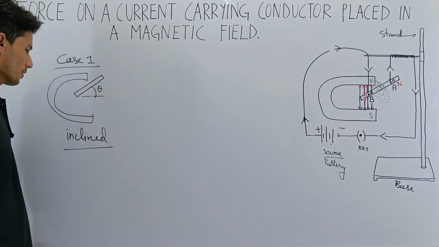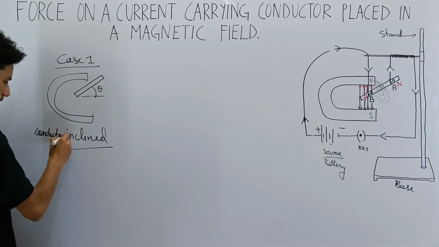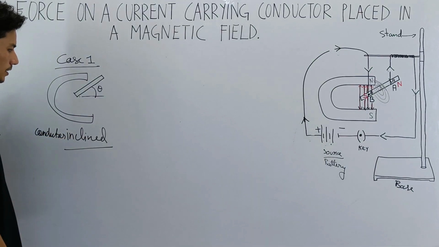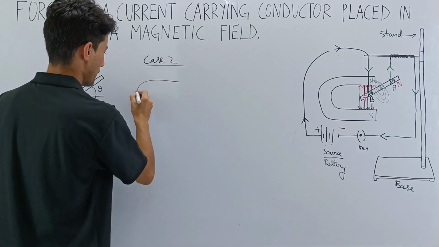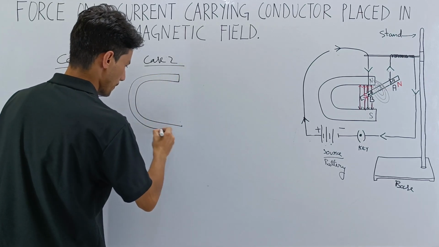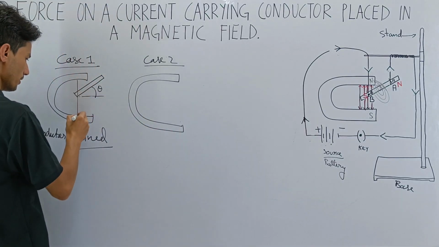When the current carrying conductor is kept inclined, okay, case 2, will be when the conductor... so the magnetic field lines are here.